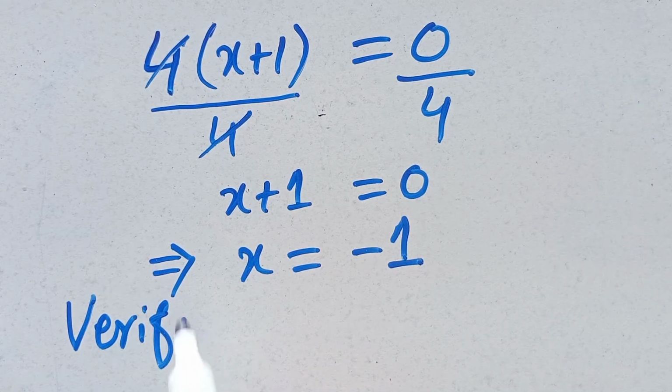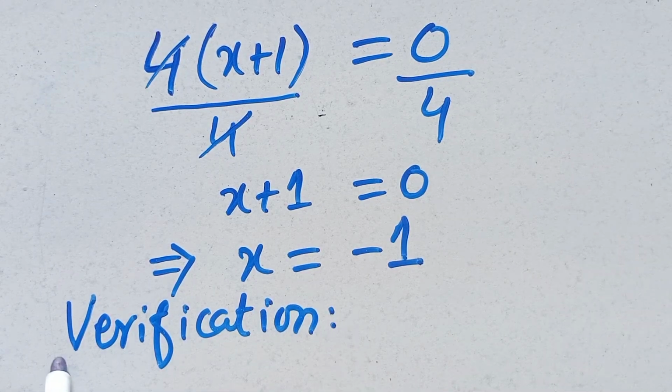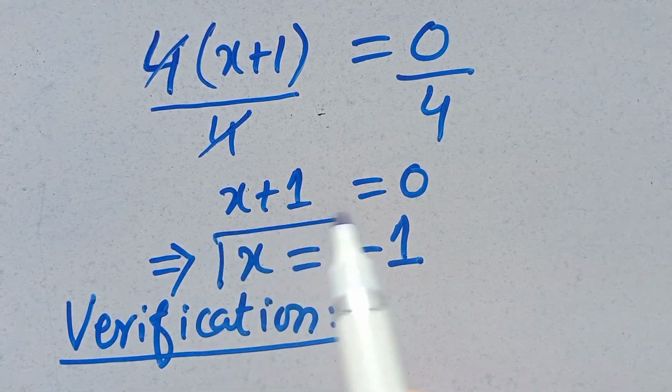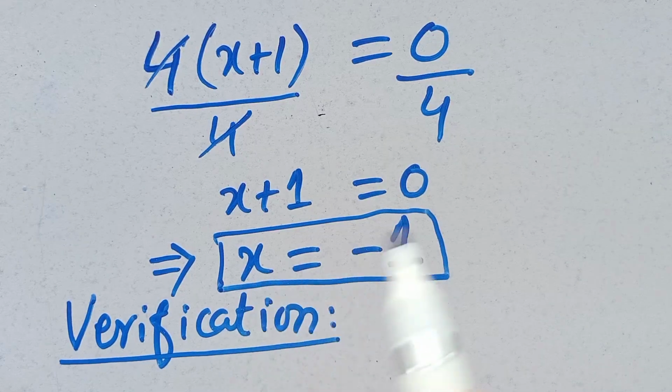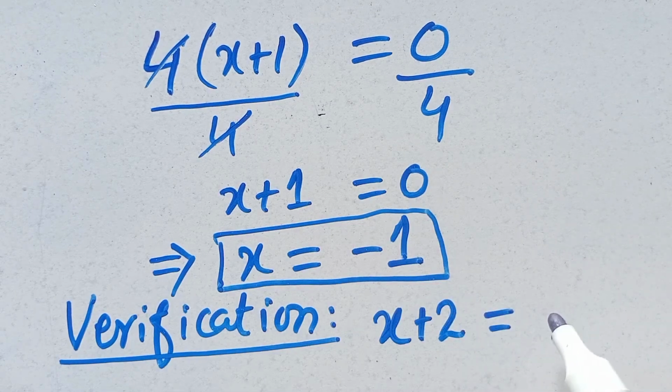Let's verify this solution, whether it exists or not. So putting back this result for the value of x in the original question, that was x plus 2 equals x.